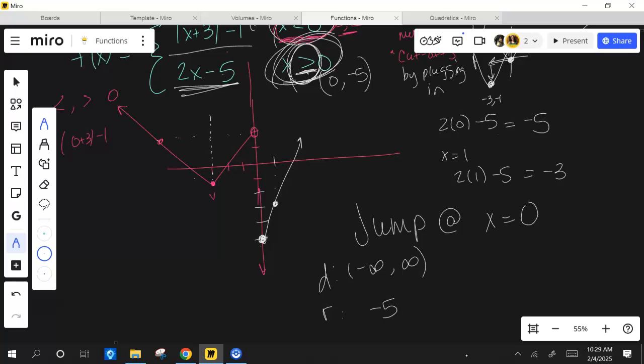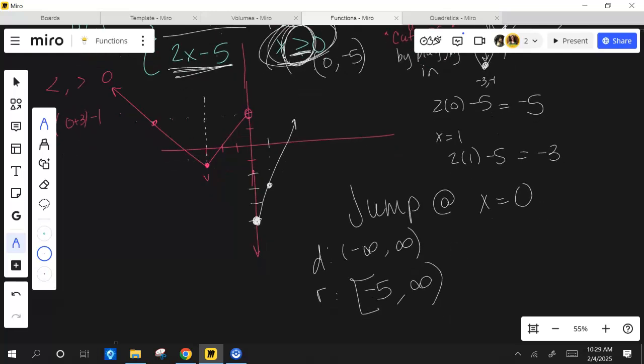Include or exclude? Include it because it's filled in right here, right? -5 up to infinity. That point is filled in. It includes -5, so I have to include -5 here.